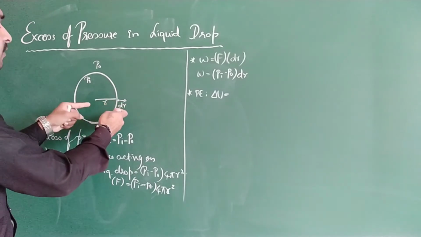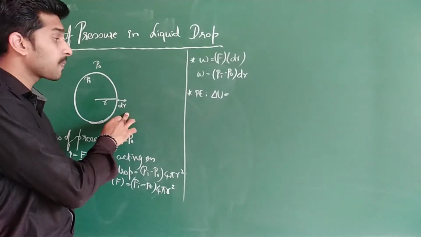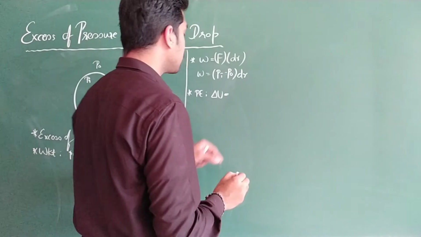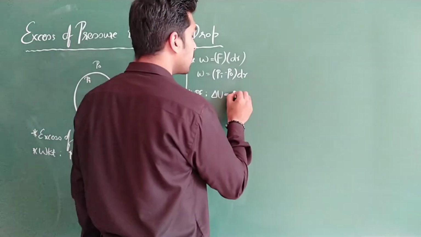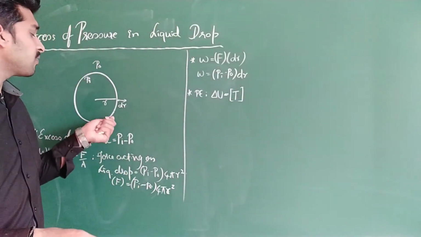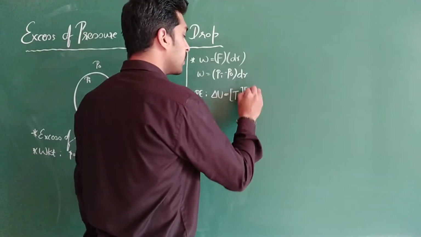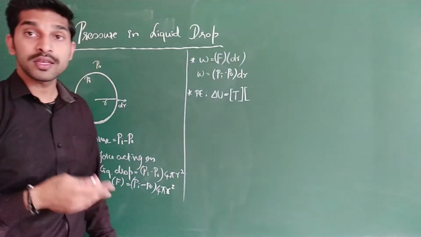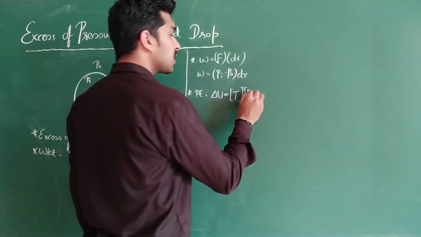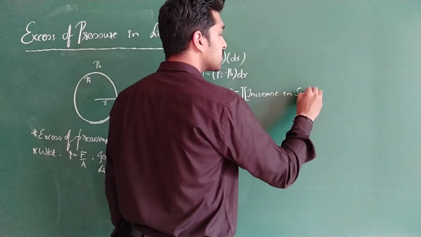Initially it will be r, finally it will be r plus dr. So delta U is equal to surface tension T, because a liquid drop has only one free surface, remember, into the increase in surface area.